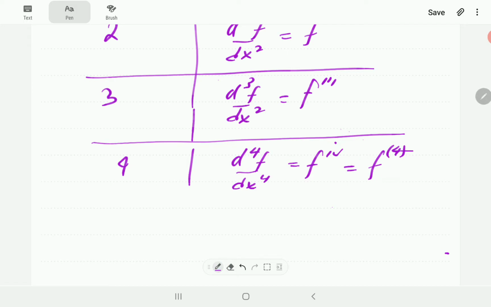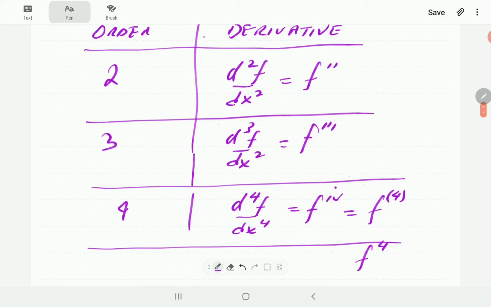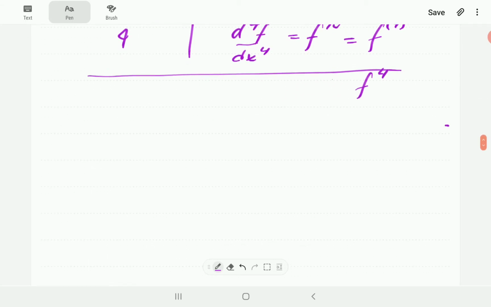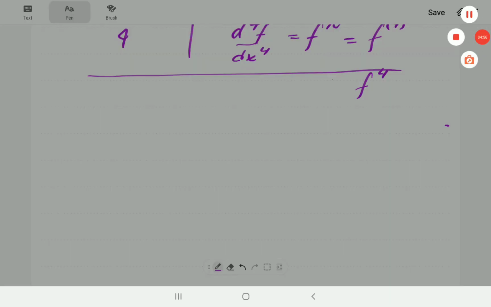So this is the fourth derivative of f, while this is f to the power of 4. All right, so that is in terms of notation of higher order derivatives. Now let's have a look at a few examples of how we work out higher order derivatives.